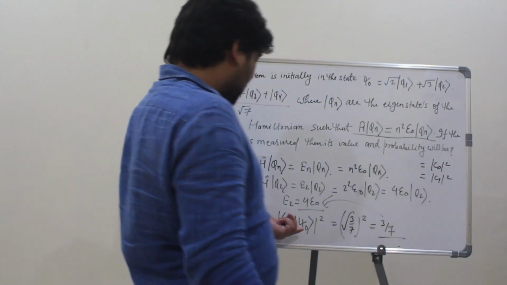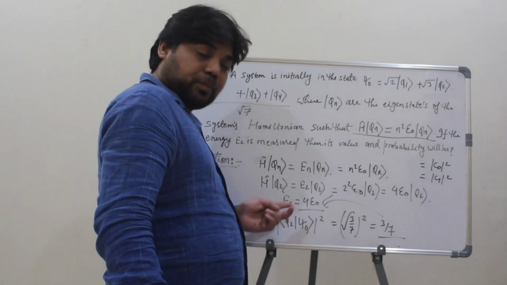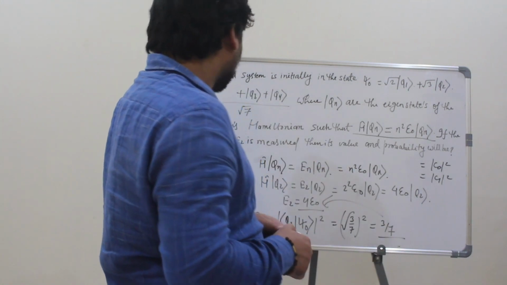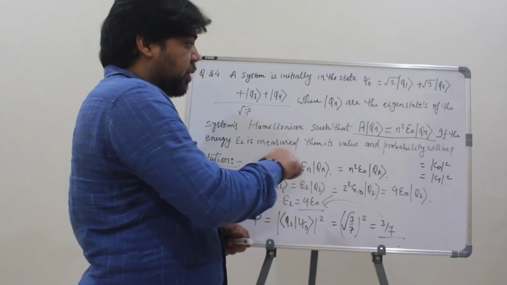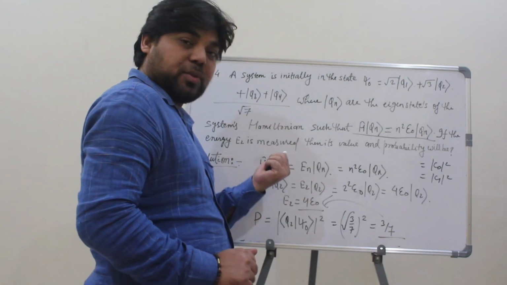So this is the same formula, the mod of the inner product with phi 2 squared. This is problem number 54, which is extremely important for most of the exams.